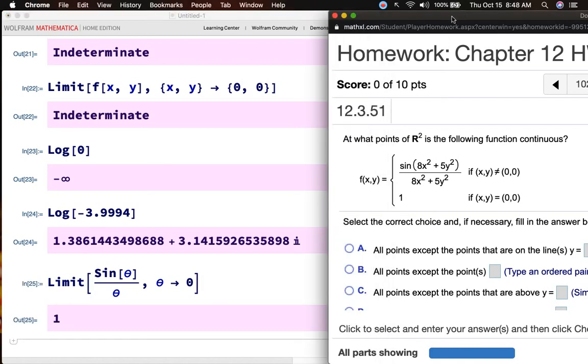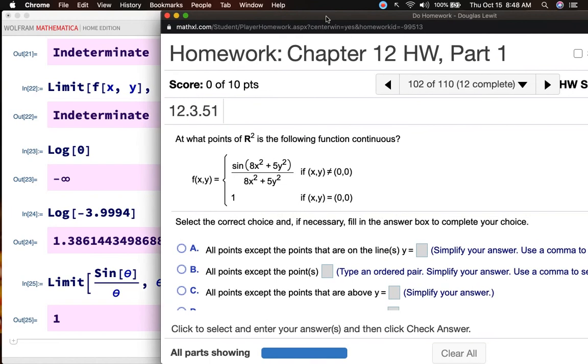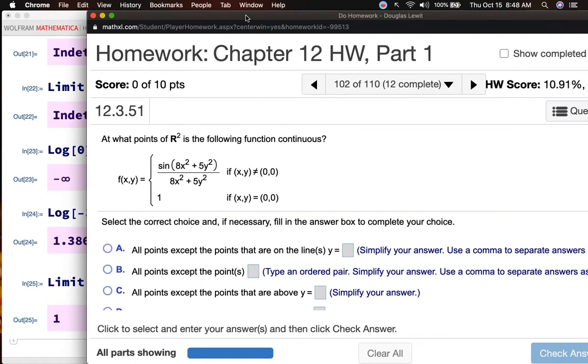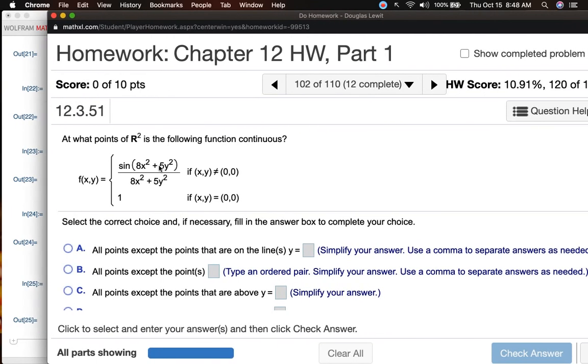So here, one second, let me just move this window. Here, I can see that theta is equal to 8x squared plus 5y squared. So the sine of theta divided by theta, that limit is going to be 1 as x and y go to 0, 0.